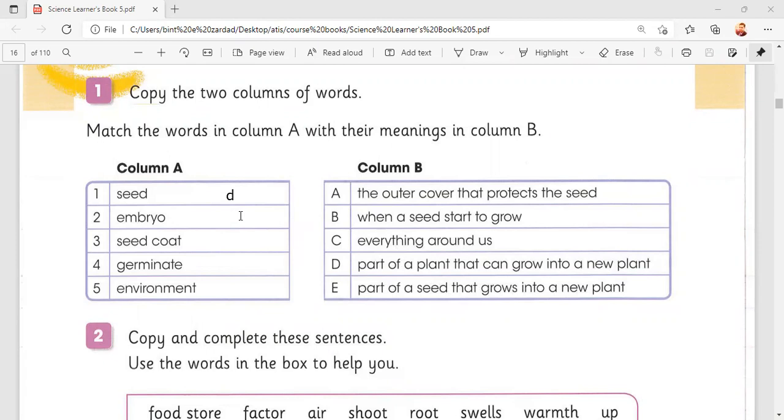This is good. Seed coat is the outer cover that protects the seed. Germination is when a seed starts to grow, and environment is everything around us.